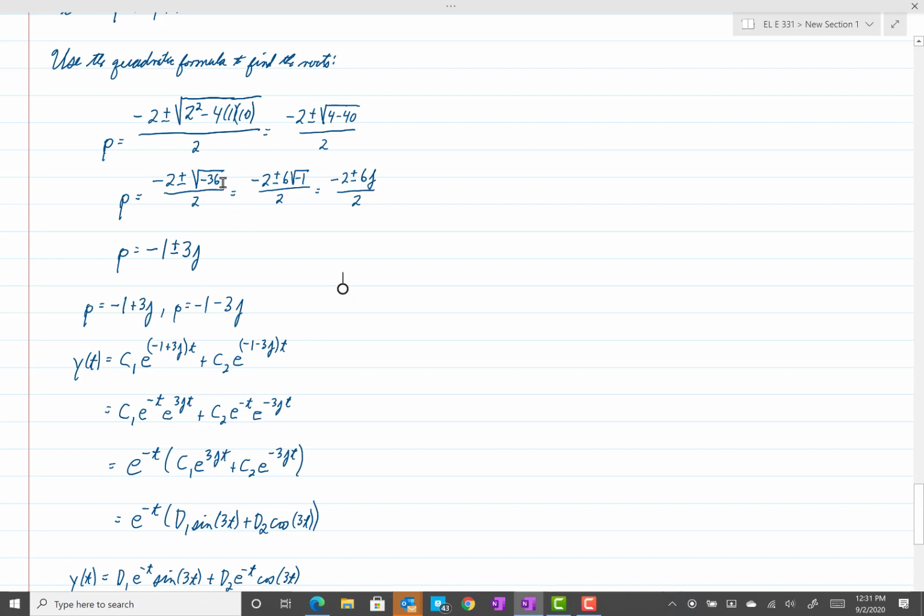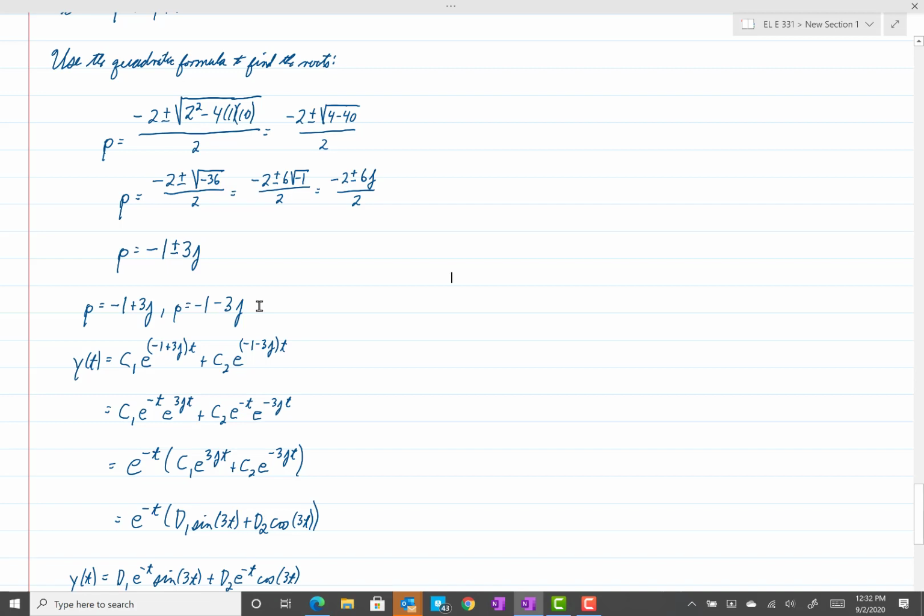And so this is negative 6 plus or minus 2 times the square root of negative 1 over 2, or negative 6 plus or minus 2j over 2. Then divide everything by 2, and so we get these two roots here. p equals negative 3 plus j, p equals negative 3 minus j.